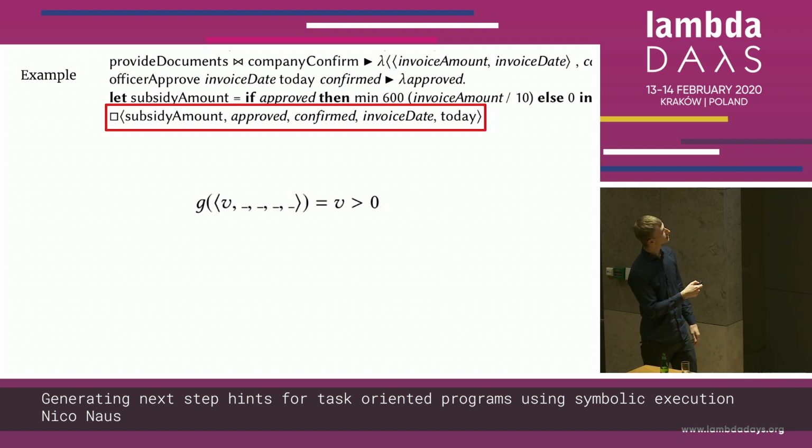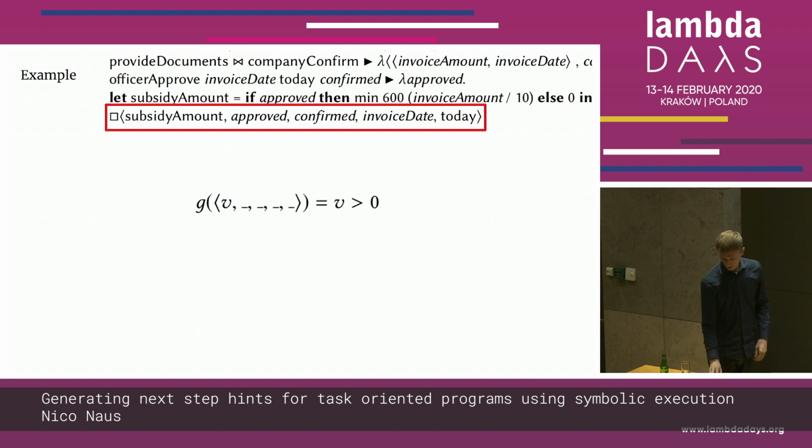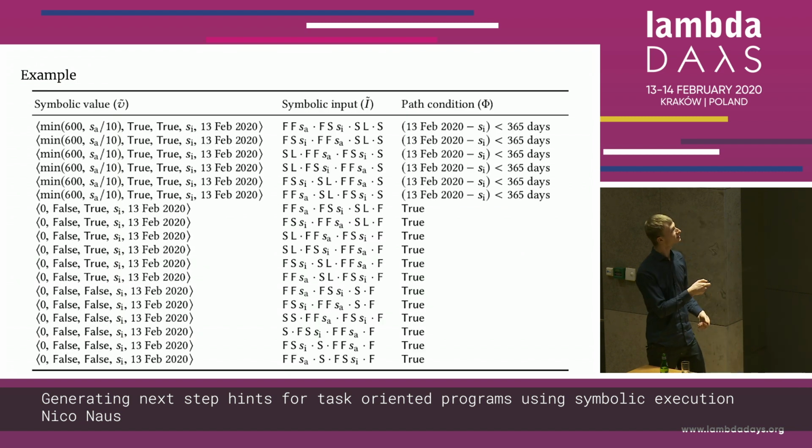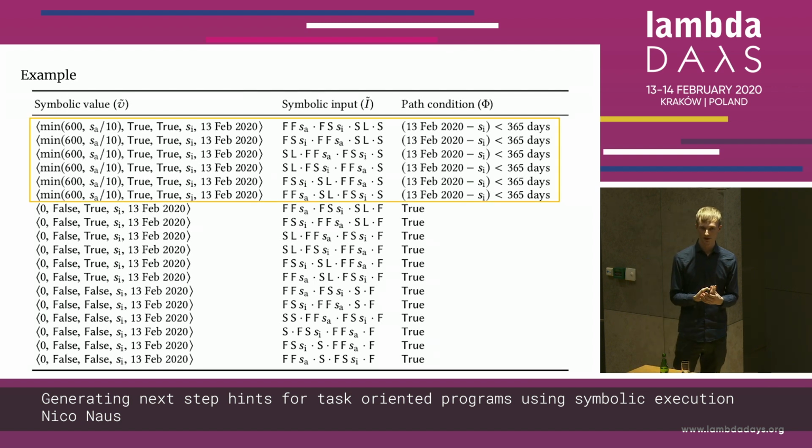We take the result and say V, which is the subsidy amount, should be larger than 0. And we run this symbolically, and we check for every result whether it adheres to this.